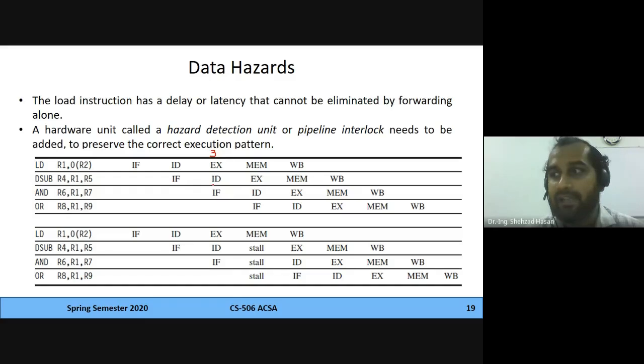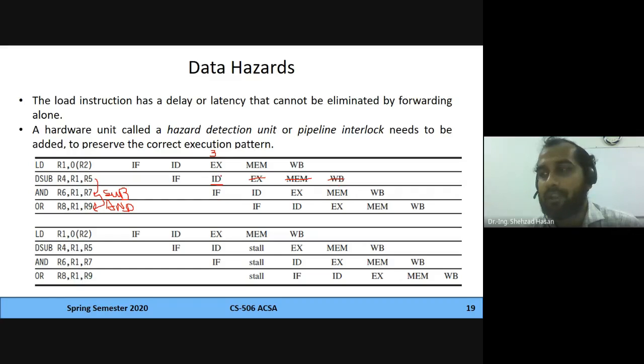So this decode has to happen in the fourth cycle again, and nothing is going to happen for the remaining stages. This subtract becomes the very next instruction, so everything moves one cycle below.